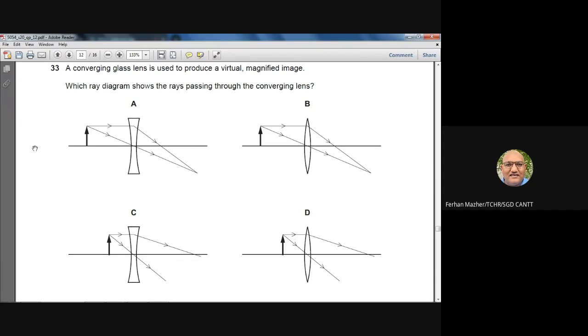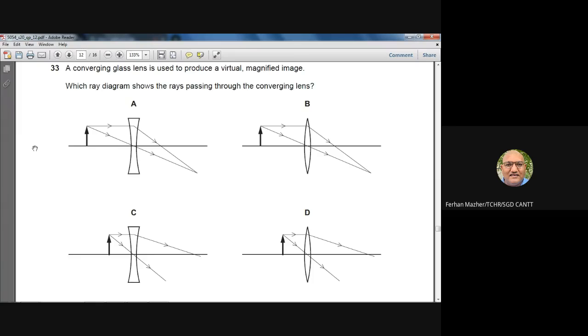You know, in the converging lens, the virtual image is formed if the object is inside the focal length, like in the magnifying glass. If the object is inside the focal length of the convex lens, then the virtual and magnified image is formed.